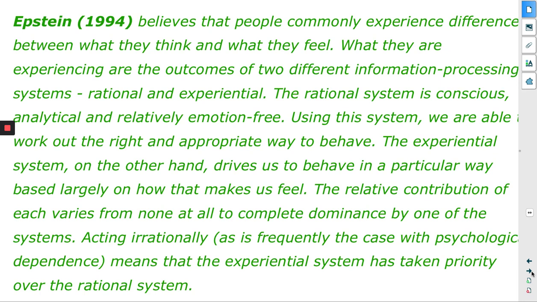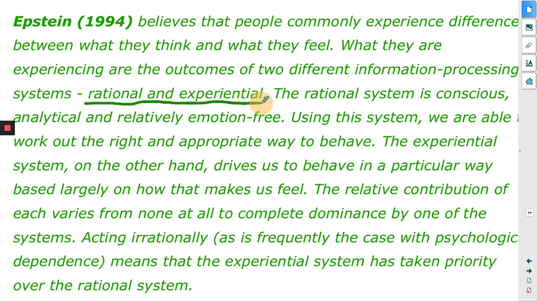Now, Epstein, and I've really heavily summarized this, says that we pretty much have two ways to deal with things. We have two information processing systems. One is rational and one is experiential.